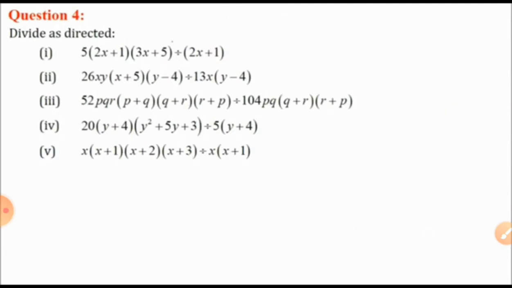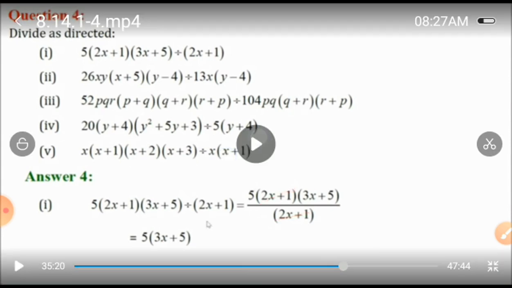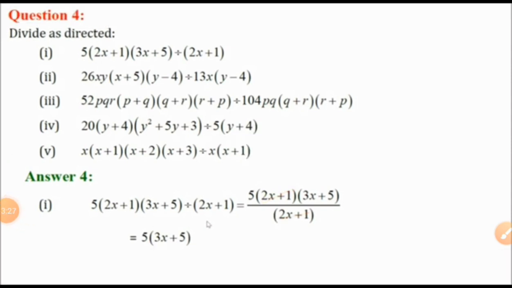Question number 4. Divide as directed. There are 5 questions, my dear student, and you can find out what the answers are. See, 5 into 2x plus 1 and 3x plus 5 divided by 2x plus 1. Here, my dear student, check out what things are given and what things will be cut out.